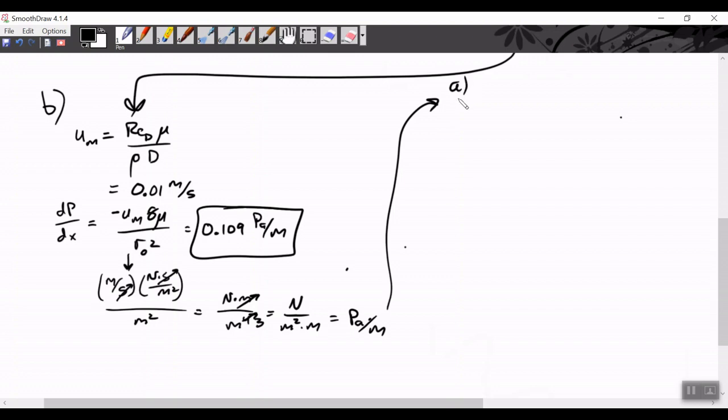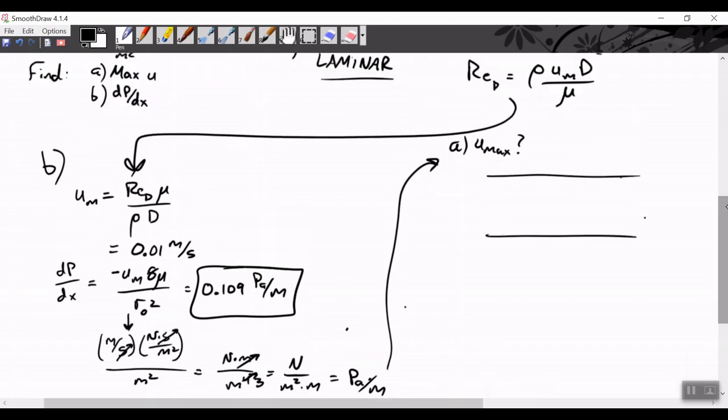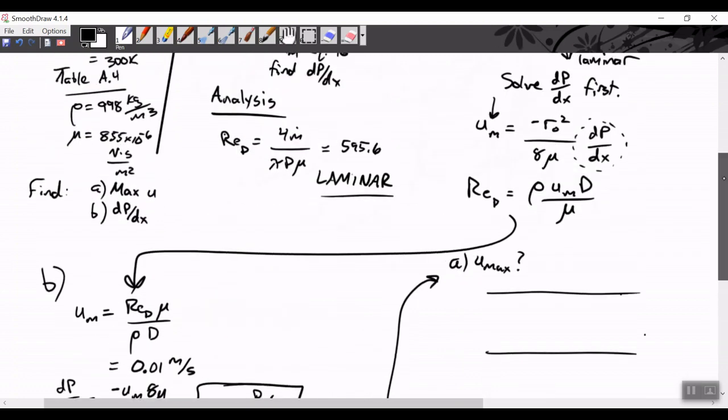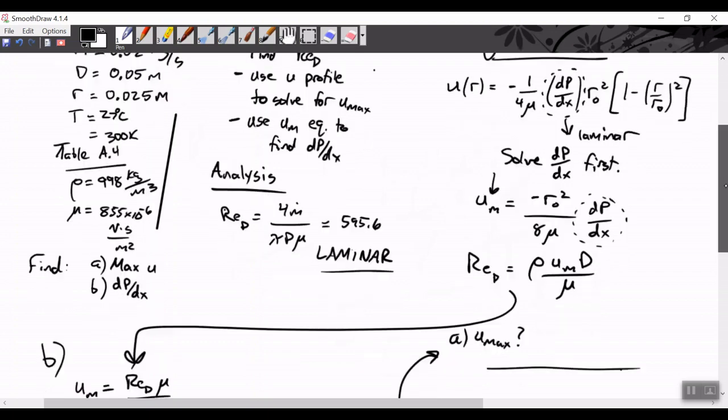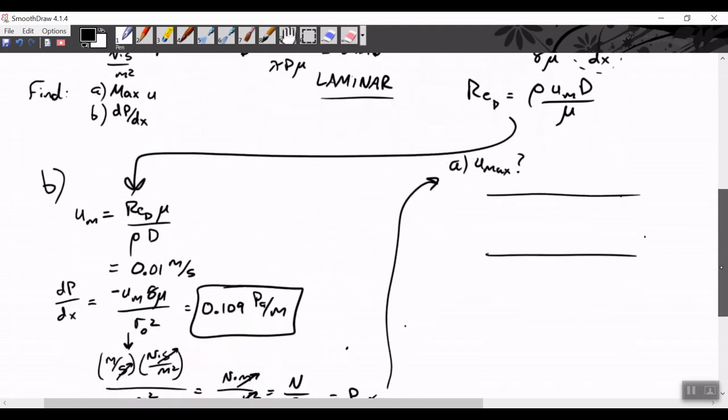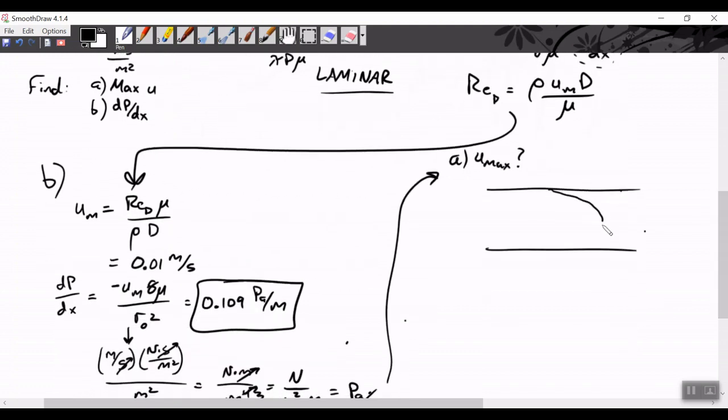Let's now do part A, which is what is U max? Okay, first we have to identify where does U max even occur. So going back to our equation for velocity up here, we see that this is all a constant and r being our variable, which is squared, we actually have a parabolic velocity profile, which we said in class was true for laminar flow.